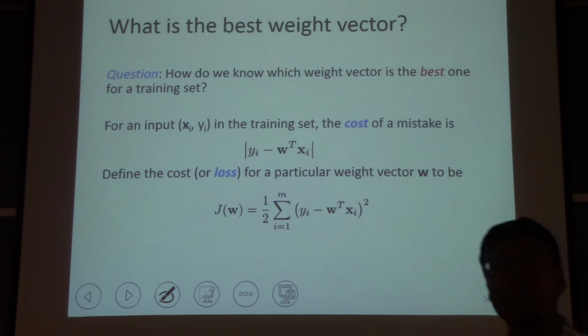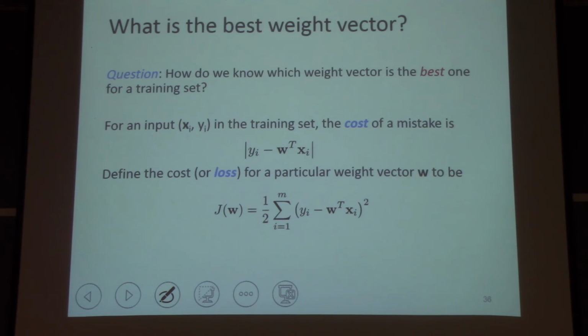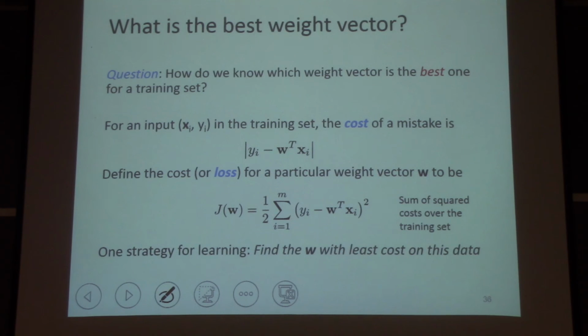And a natural strategy for learning is to find the W that is least bad. This is called the sum of squared errors. The goal of learning, I can now formalize as: find a W that minimizes this quantity. And I'll use J of W for this quantity.